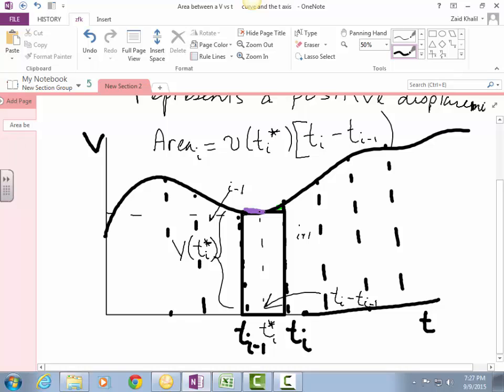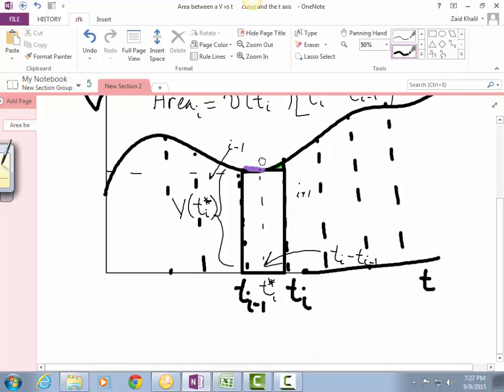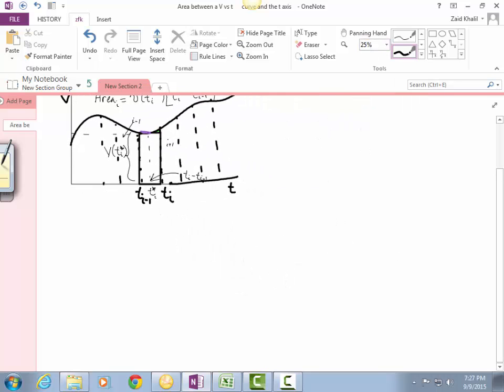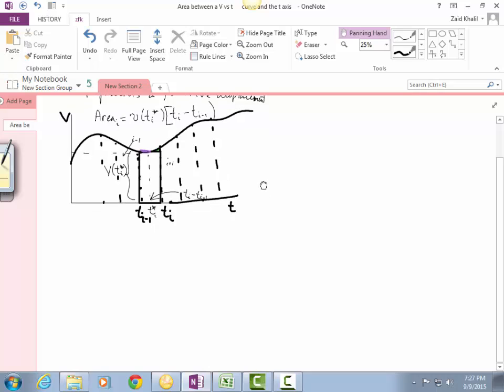Now we have the area. Now we're going to turn to a completely different problem, and this is what's kind of shocking. We're going to look at a position versus time graph for this same exact phenomenon.